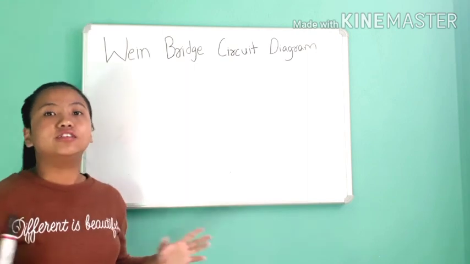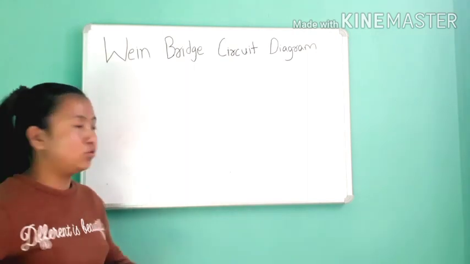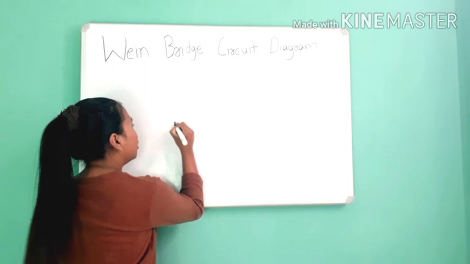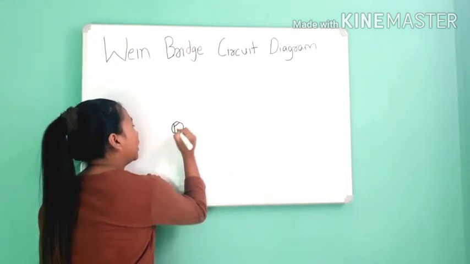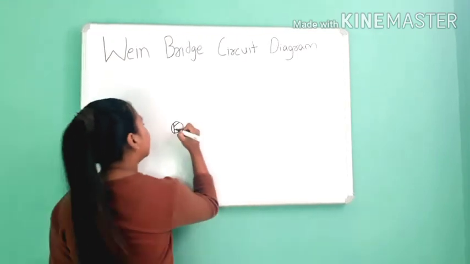To understand its circuit diagram, first we have to draw two common emitter transistors.